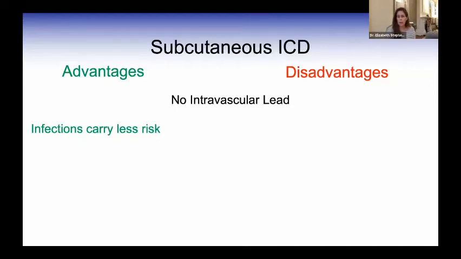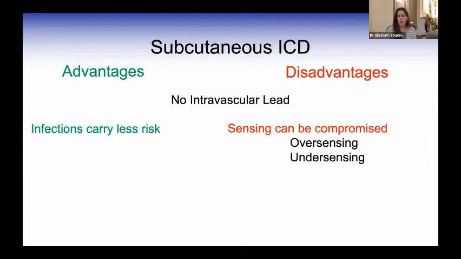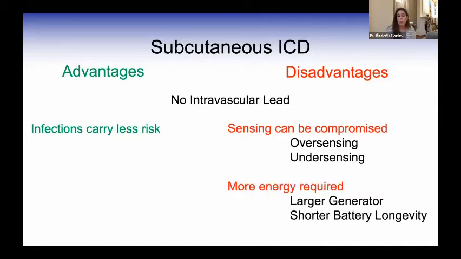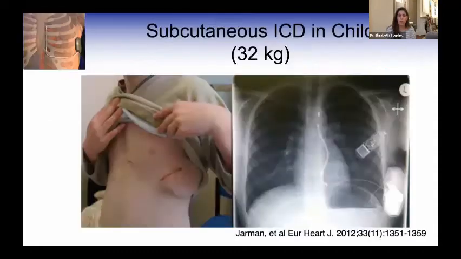However, it also leads to the major disadvantages of the device, which are that sensing can be compromised with both undersensing and oversensing, and that more energy is required to defibrillate when all of your voltage is traveling outside of the chest. That means you need a larger generator and you have a shorter battery longevity.